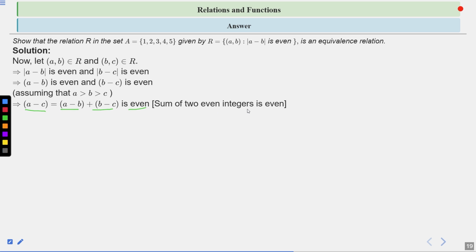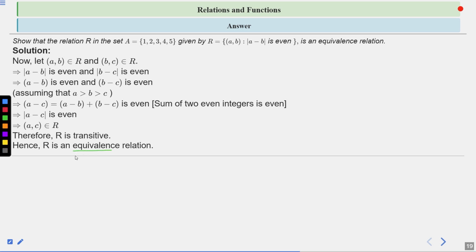Why? Because the sum of two even integers is even. We can easily conclude that the absolute value of A minus C is also even. So the A comma C pair belongs to R. Therefore R is transitive. Hence R is an equivalence relation.